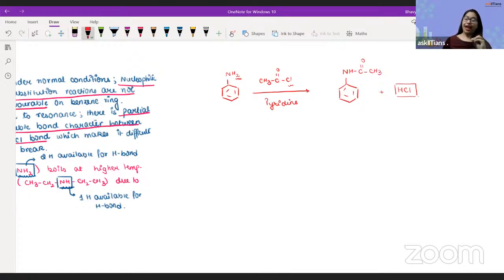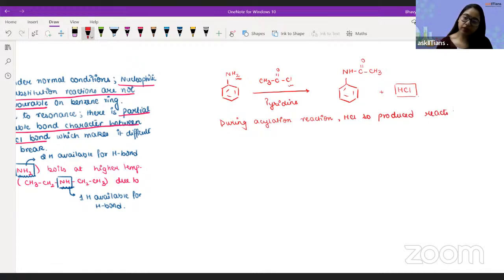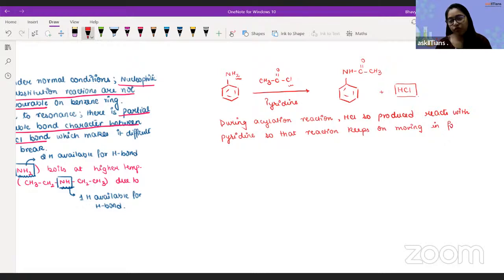Now you'll write this reaction, and then you will write that during the acylation reaction, the HCl so produced reacts with pyridine, so that the reaction keeps on moving in the forward direction.